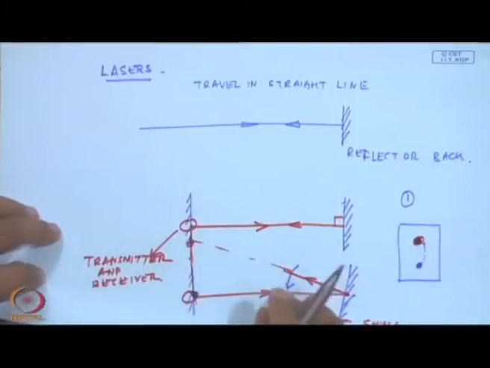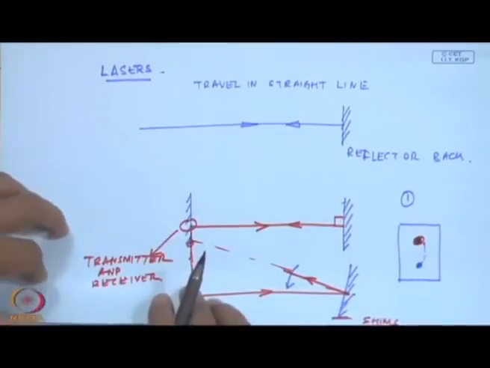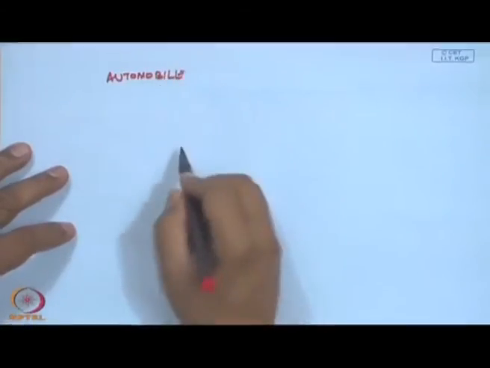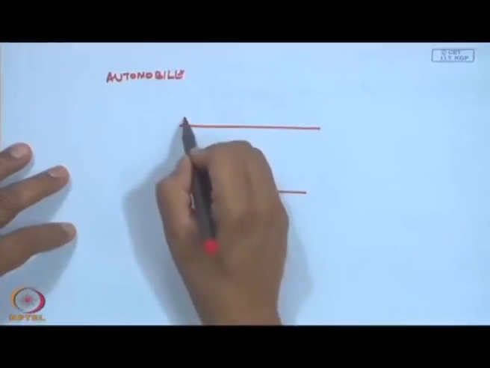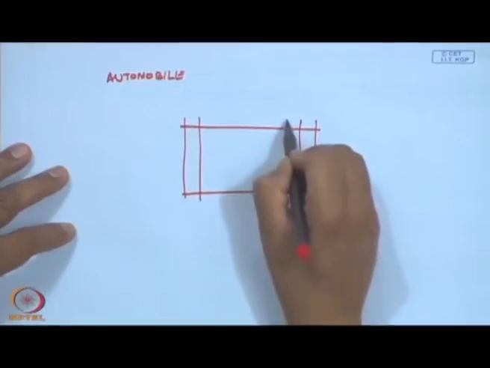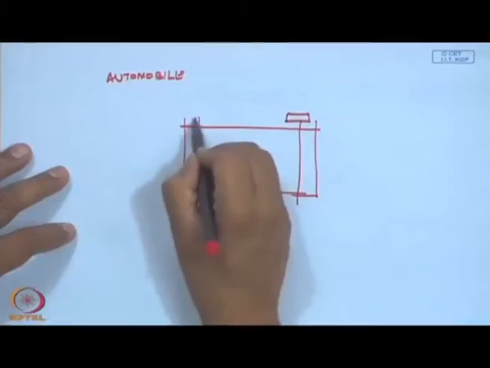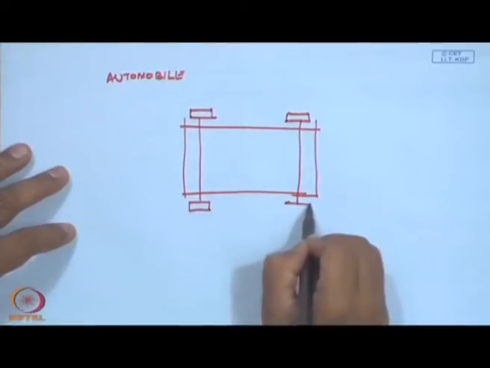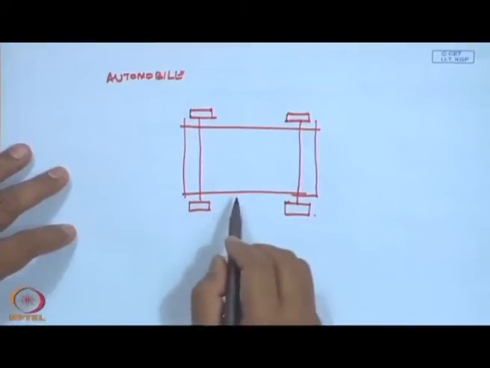So, laser alignments are very helpful in this regard, and particularly you would have seen this when you go to an automobile garage. The 4 wheels of the vehicle have to be laser aligned. Basically, they use laser based alignment systems.